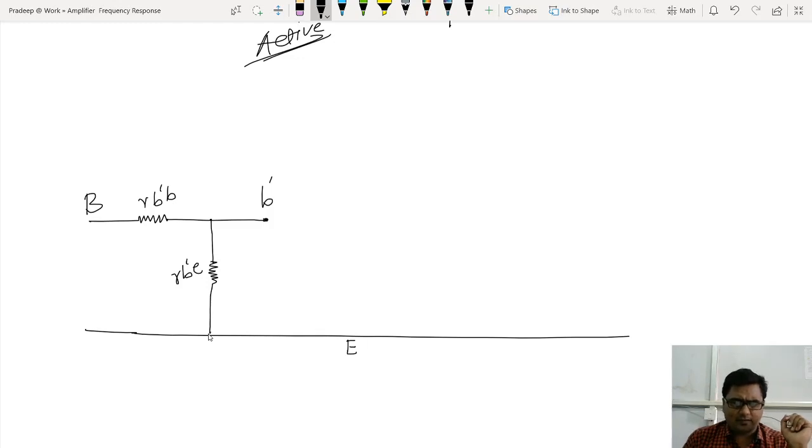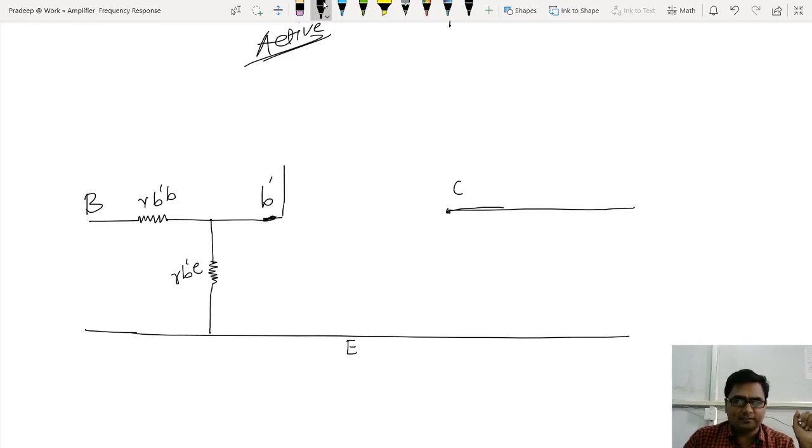Now, somewhere here I have the collector. This is my collector terminal. Let me draw the collector line straight. Now, do we have one resistor from virtual base to collector?